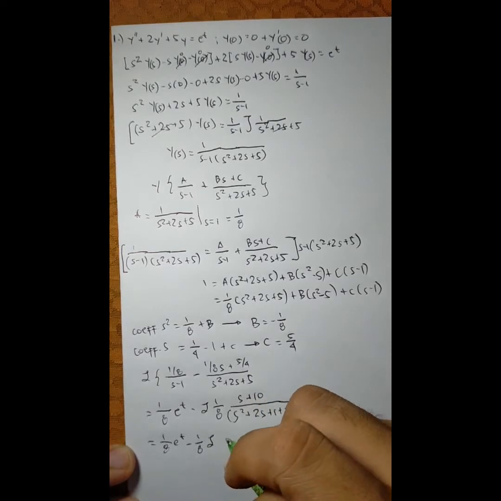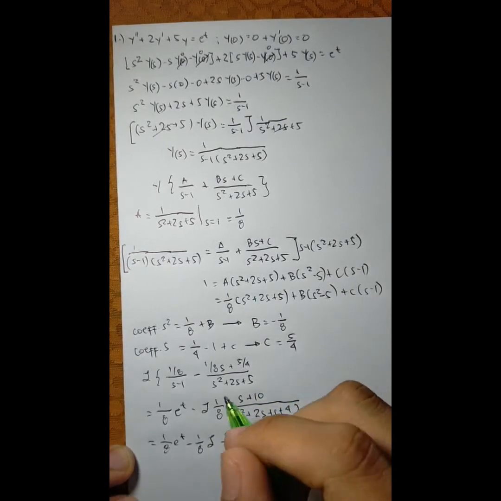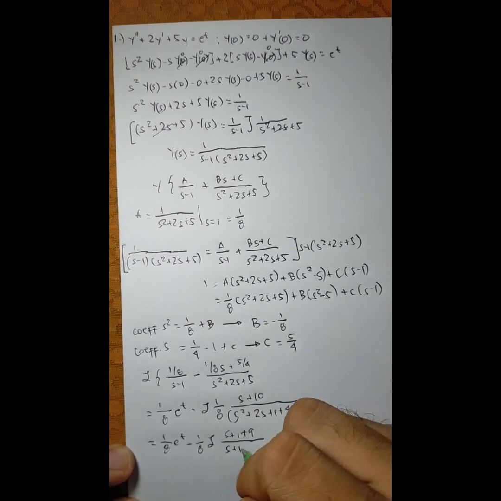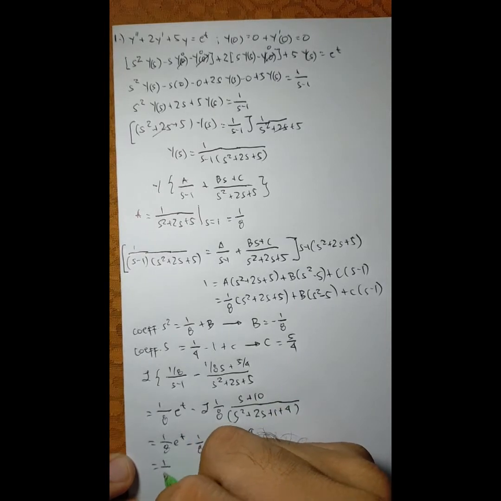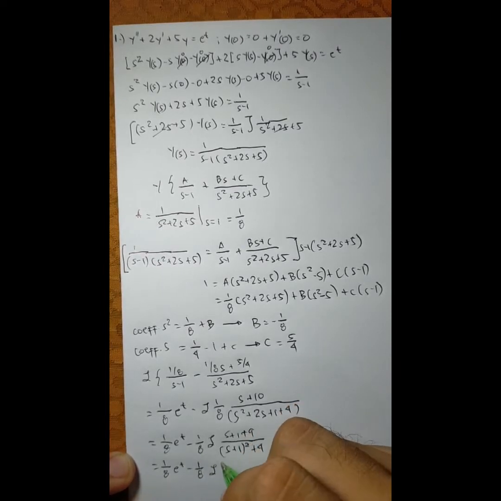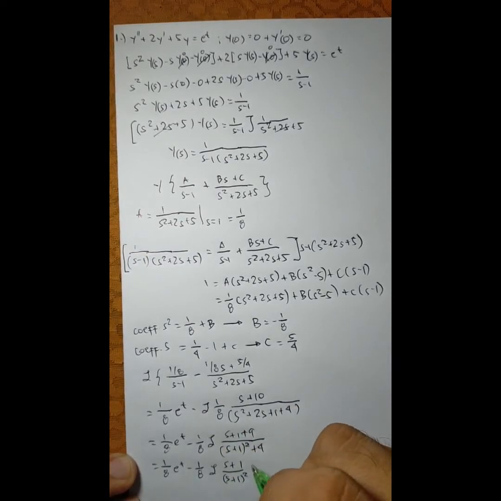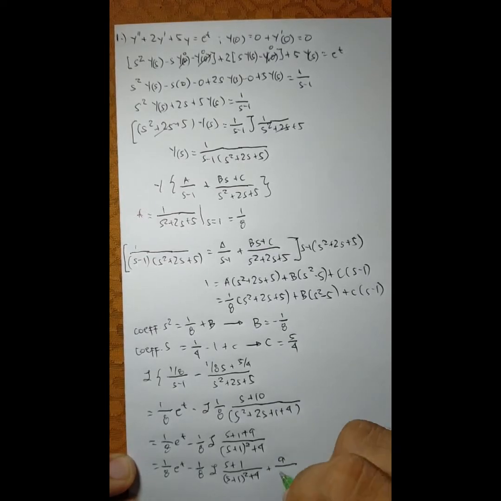1/8 inverse Laplace of s plus 1 plus 9 all over s plus 1 squared plus 4. So we have 1/8 e raised to t minus 1/8 inverse Laplace of s plus 1, separating that, all over s plus 1 squared plus 4 plus 9 all over s plus 1 squared plus 4.